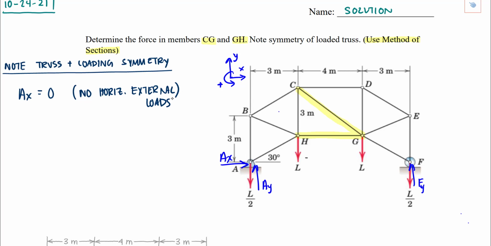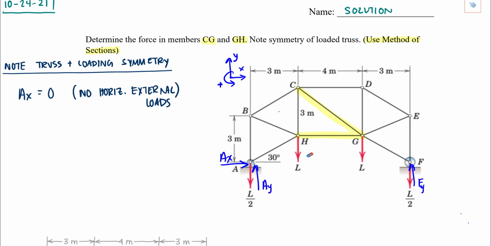In previous examples, I've gone through a method of sections problem without solving for reaction forces. In this case, we can't ignore them. But thankfully, by making an observation and looking at the loading, I can basically infer that it's going to be the same on both sides, right?